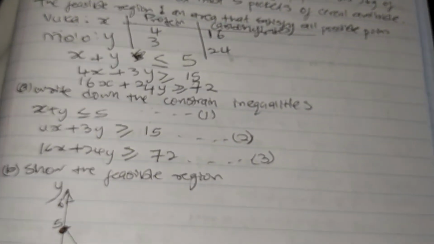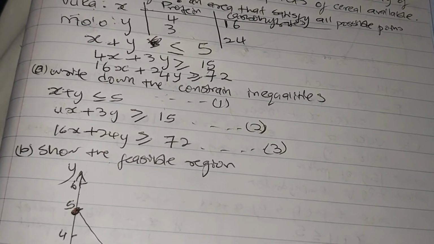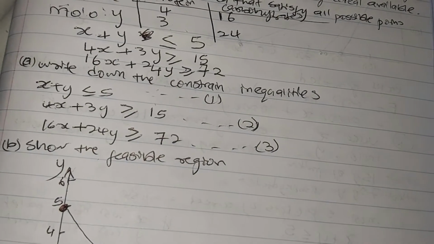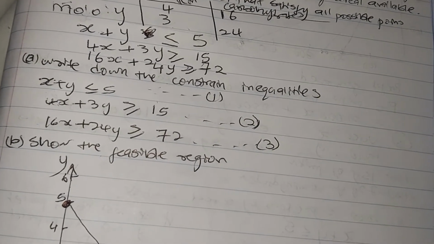Then we can draw our graph. That's our first graph. The second one, equation 2. We start with the x-intercept.